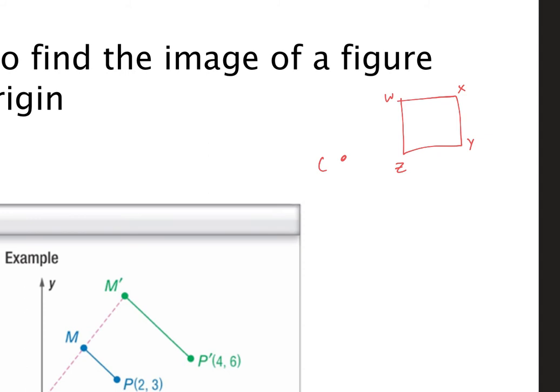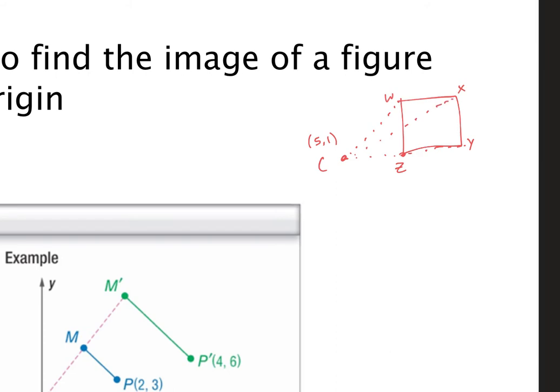Now, if your center point was just, I'm picking a random point here, 5, 1, okay, on a coordinate plane, you would need to find the distance between C and Z before you could multiply it by the scale factor. Okay, so this type of a problem requires a little bit more work because you would need to find the distance between your center points and your vertices.